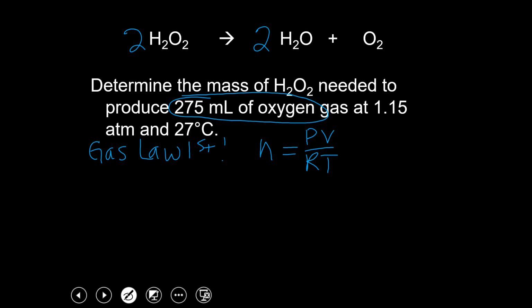You've got the pressure and the temperature and the volume. The only thing that you need is to remember what R is. Plug all of that in and you should get for this answer 0.0128 moles of oxygen.